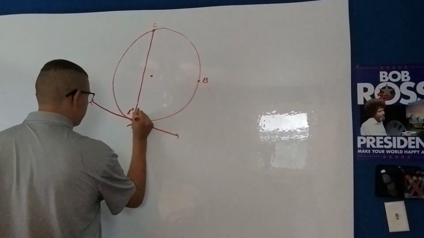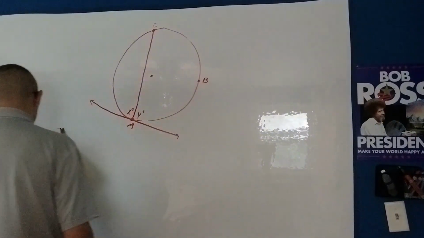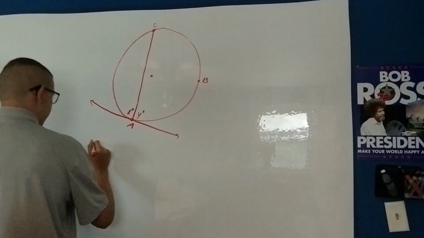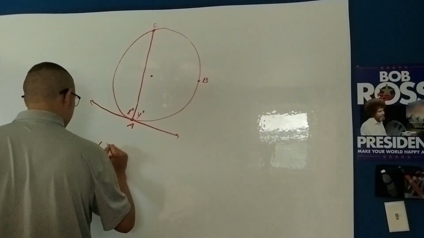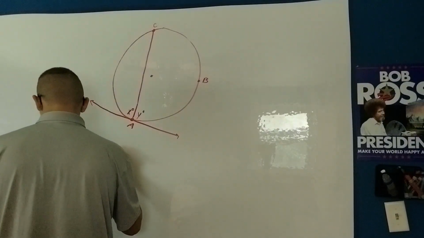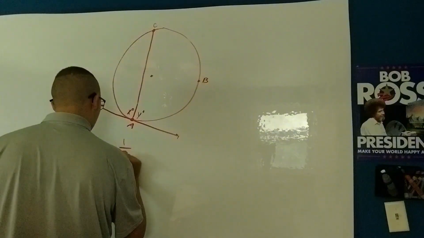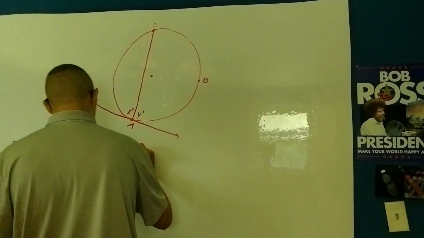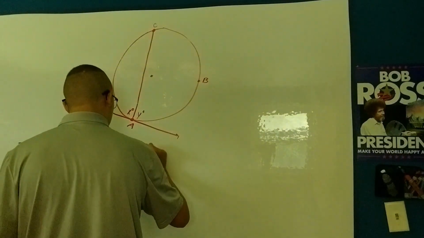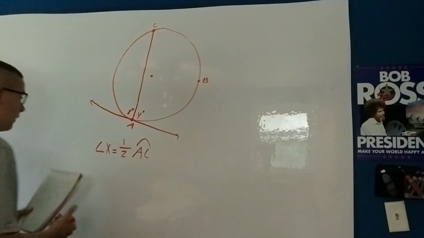angle X degrees and Y degrees, we can say that angle X is equal to 1/2 of arc AC, right?